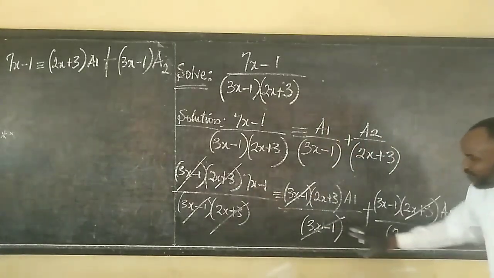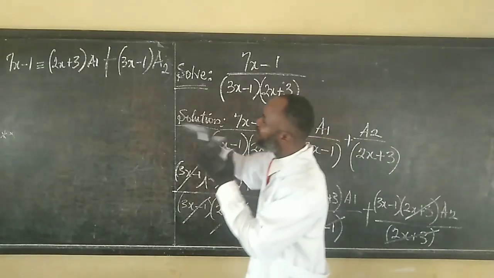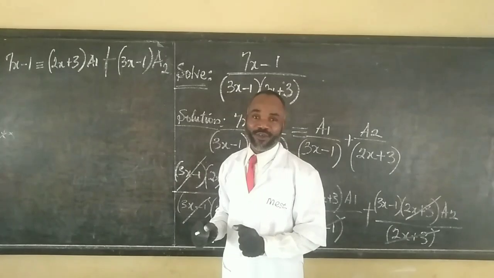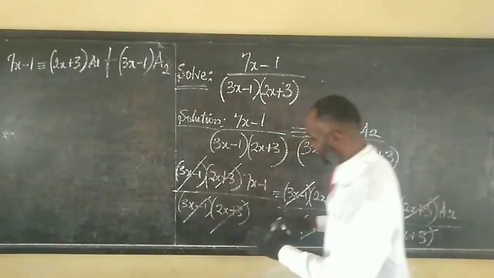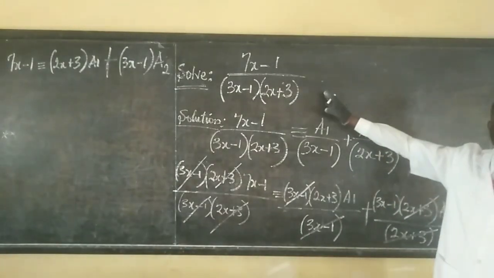We don't have denominators anymore. We are only left with numerators all through, and that means we have done well in partially fractionalizing this equation.